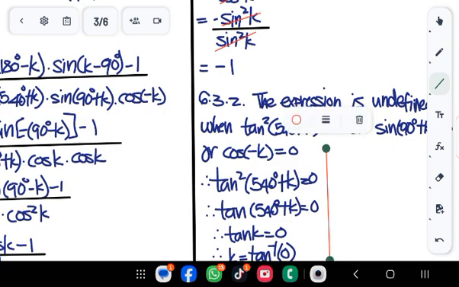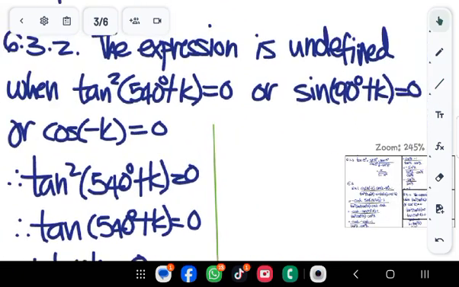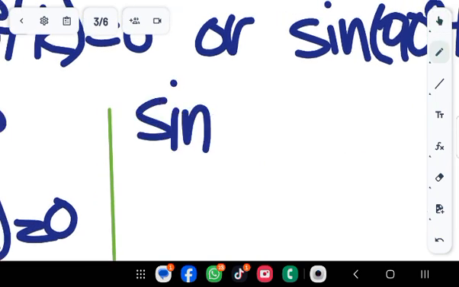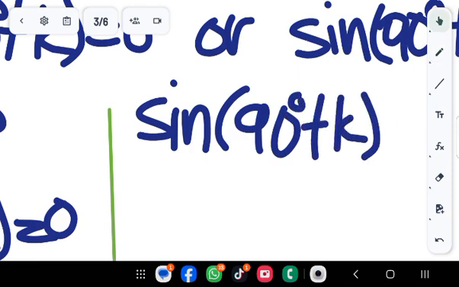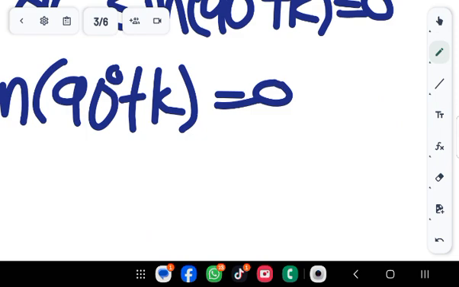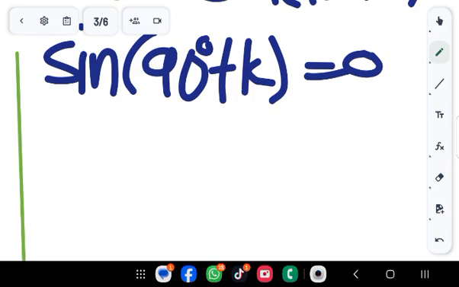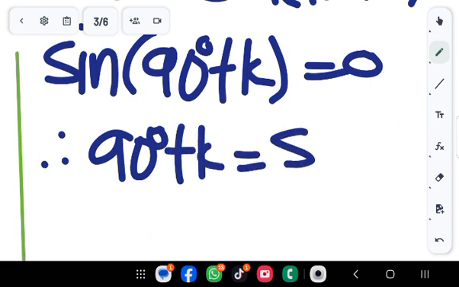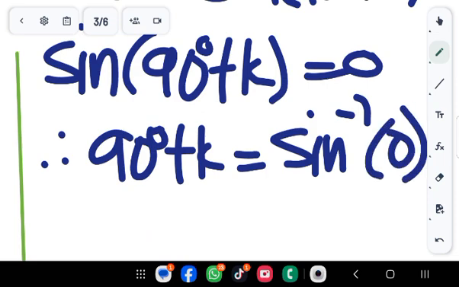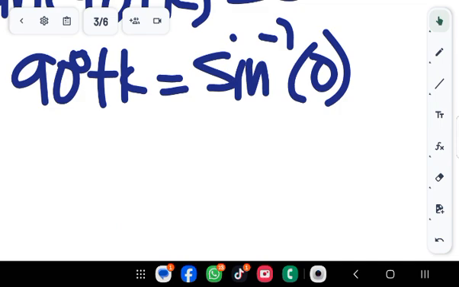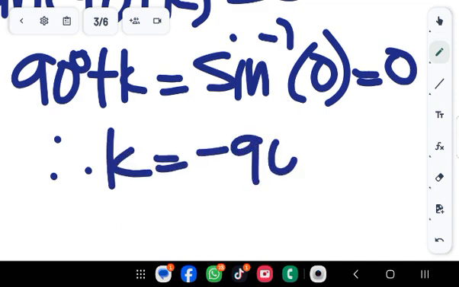Let's calculate for the other ones. All right, for sine of 90 degrees plus k, this will be equal to 0 when 90 degrees plus k equals sine to the minus 1 of 0, which gives us shift sine 0, that gives us 0 degrees, meaning that k will be equal to negative 90 degrees, and that is not what we are looking for.